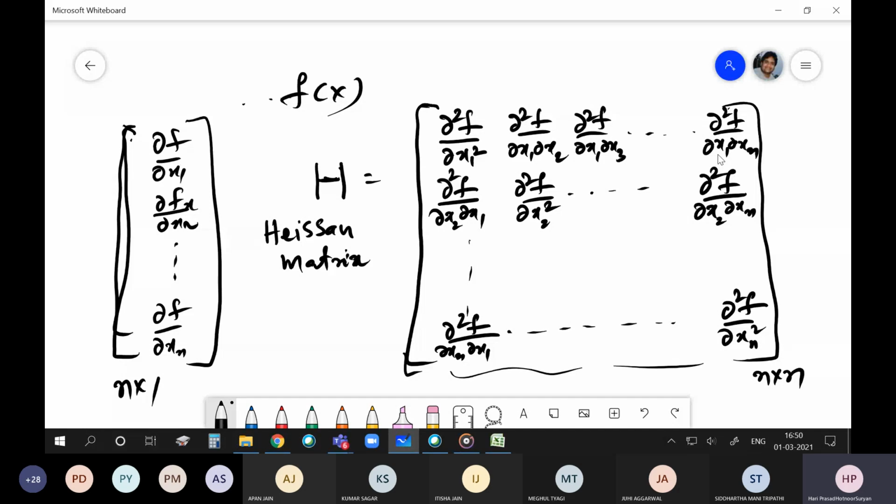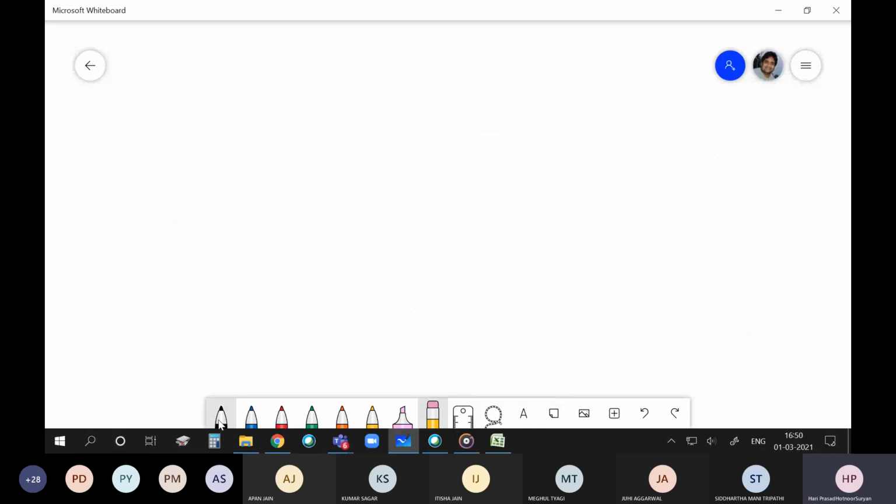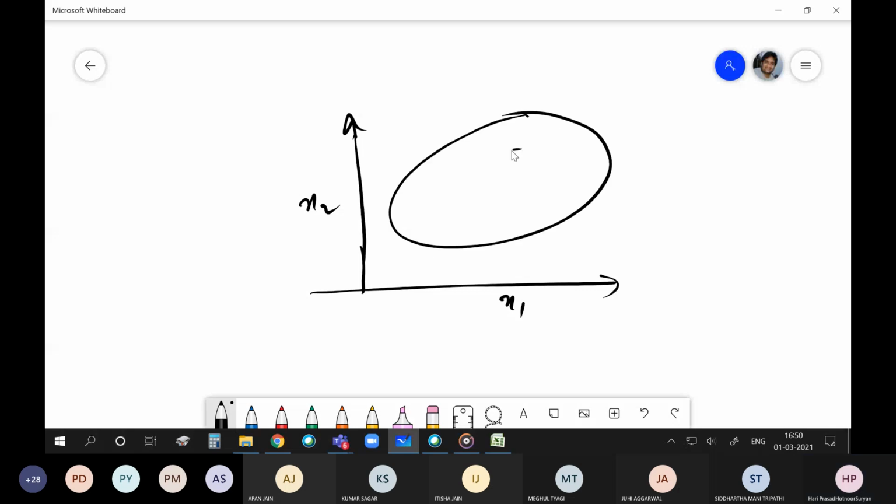Let us say I have only a function of two variables, x1 and x2. If I plot the objective function f of x, let us say I get the contours, I plot it like this. Let us say this is where I am getting the minima.